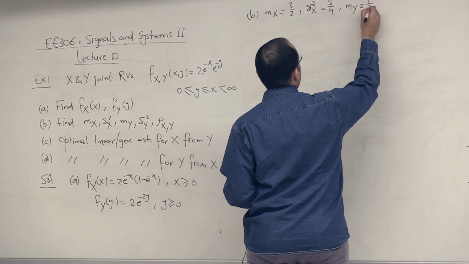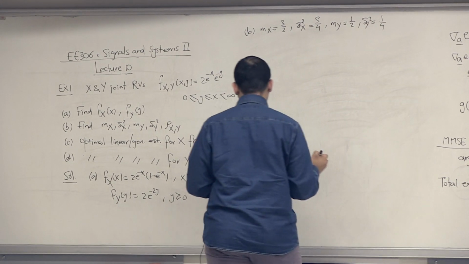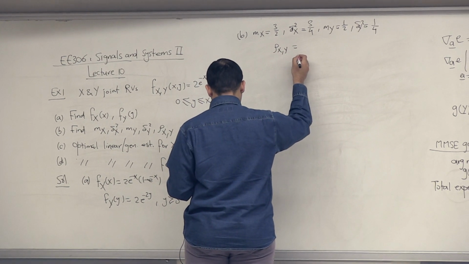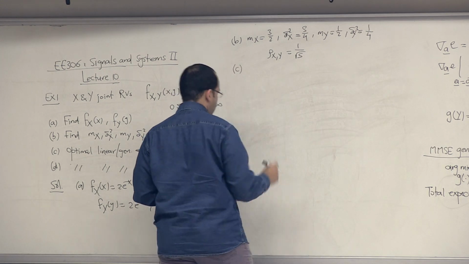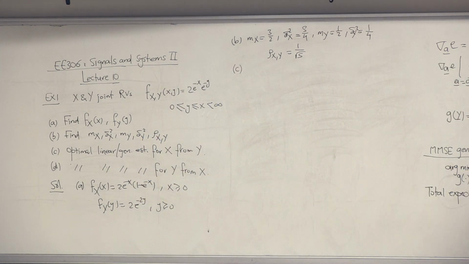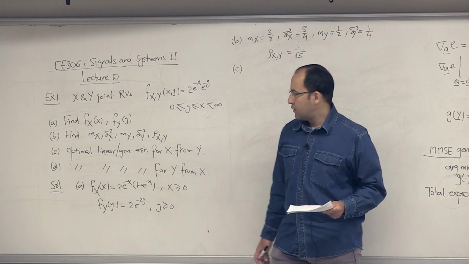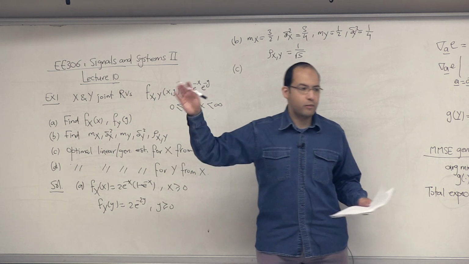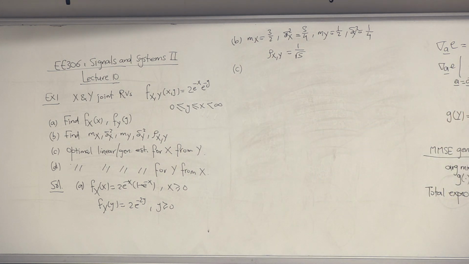My is a half, sigma y squared is 1/4, and rho xy is 1 over square root 5. I'm assuming nobody's going to have any problems with this, right? From the joint PDF, integrate on one variable to get the other, expectations are just calculus, shouldn't be a problem, all right?